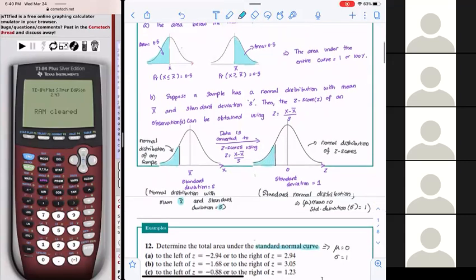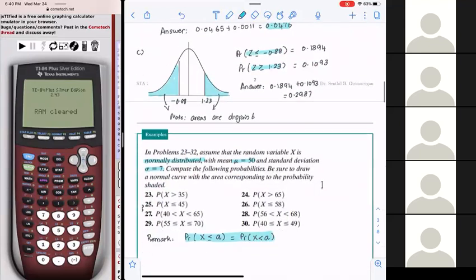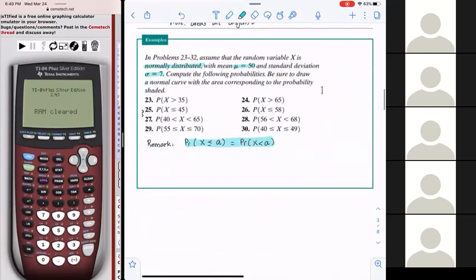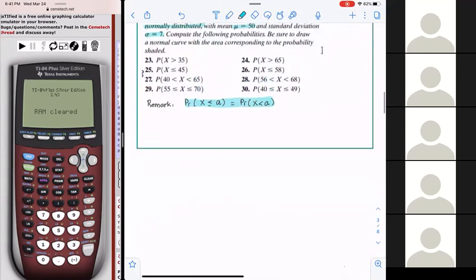So when you do this in practice, you don't necessarily have to convert it to a z-score to find the probability. This practice of converting to z-score and finding the probability was done a long, long time ago before calculators became commonplace. Now that we have calculators, we really don't have to do that approach and look into the table that is in the back of your textbook. It's not necessary.